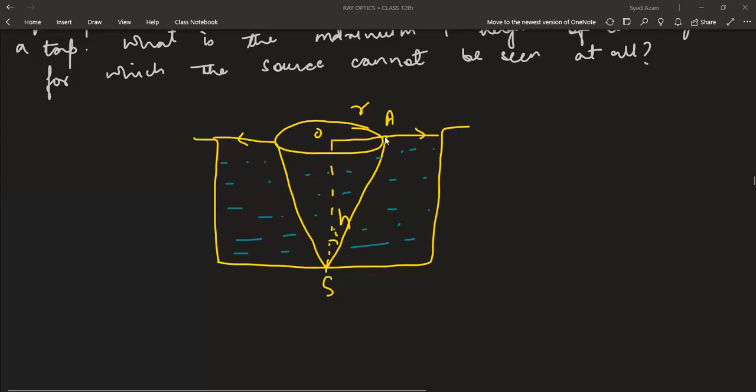Class, here the light ray is grazing along the surface. What will be this angle of incidence? Which type of angle of incidence?